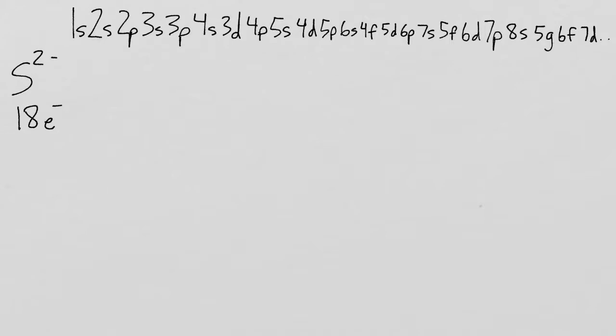Now what we want to look at is how many electrons fit into each subshell. So the s can hold 2, the p can hold 6, the d holds 10, the f holds 14, the g holds 18, though we don't really need to get that far.